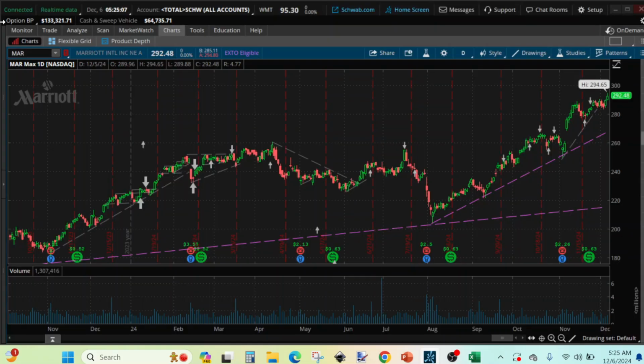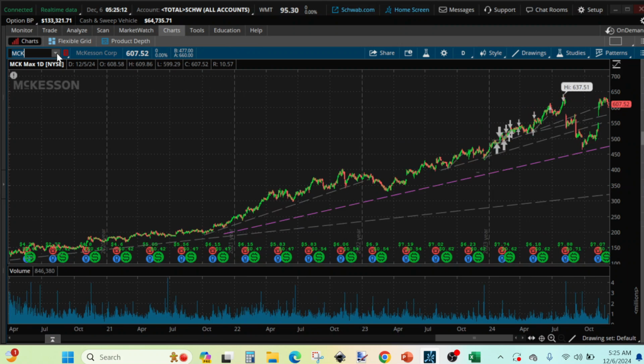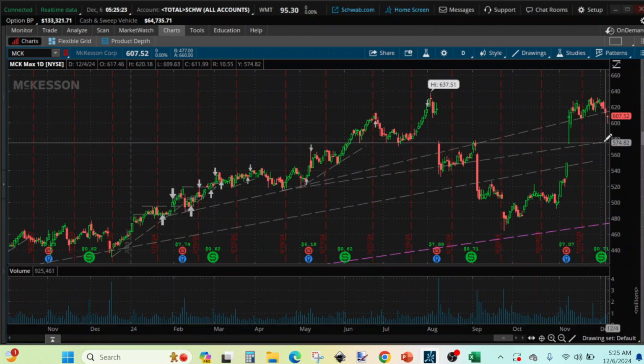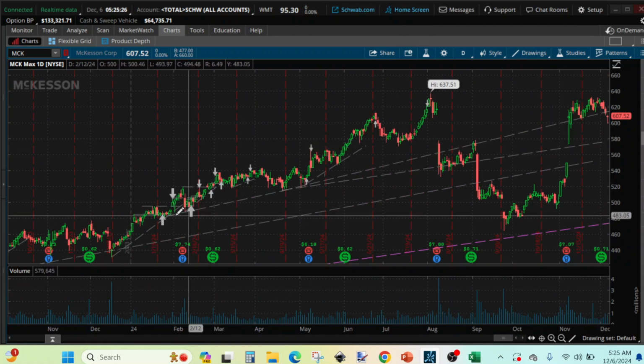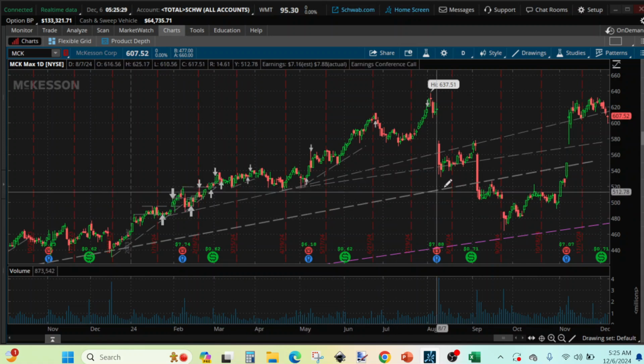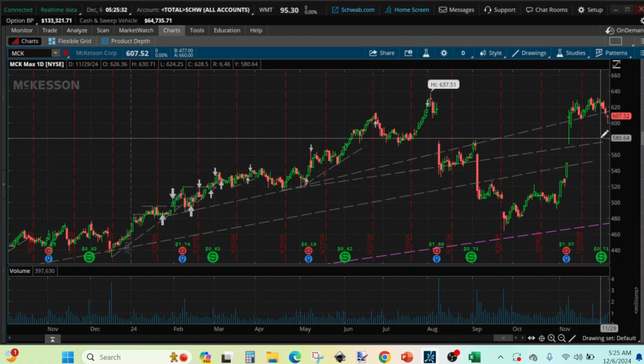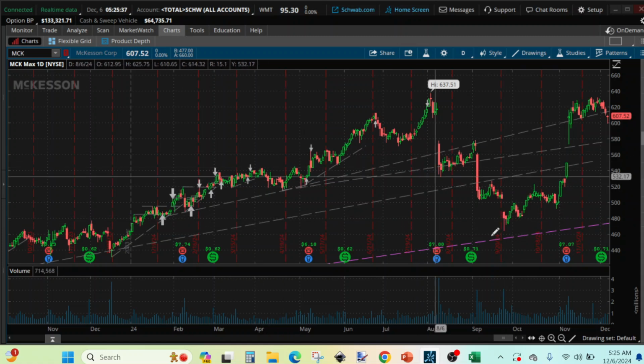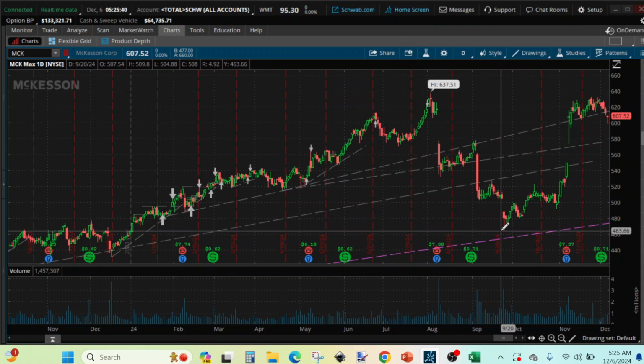MCK. So MCK, we are tracking it on a longer trend line. And there is this line that is a 1 year time frame line that we don't know if it wants to come back to it before going there, but because of October it came back to this line and started going.